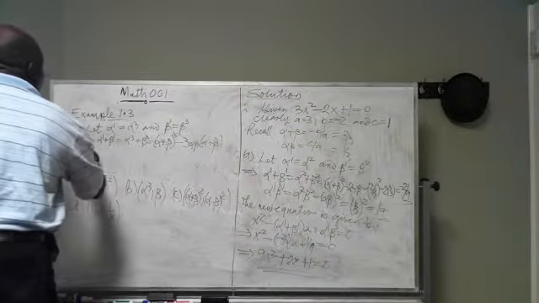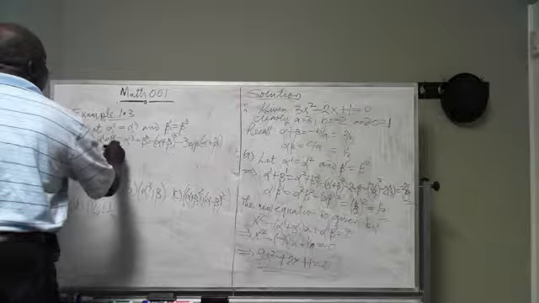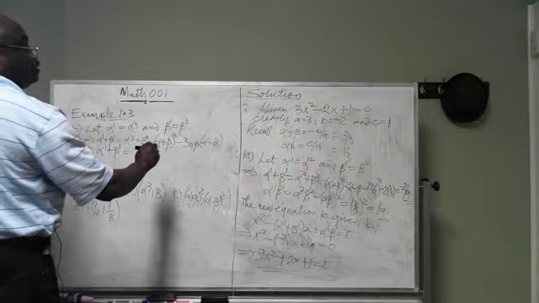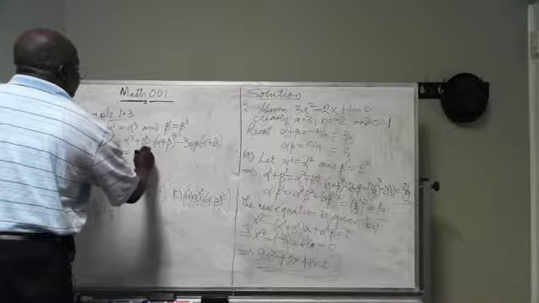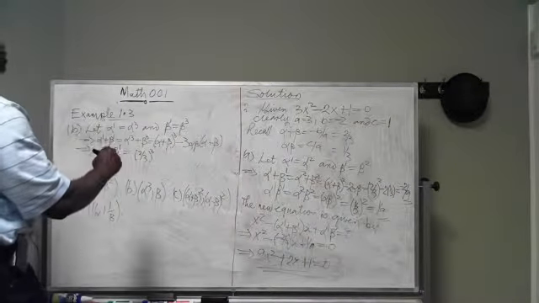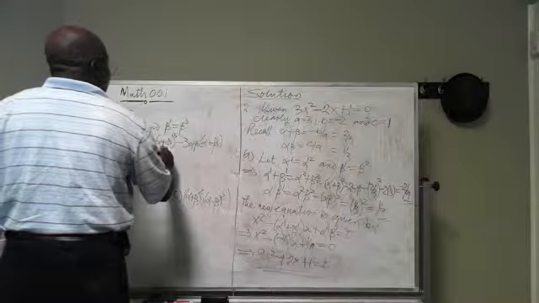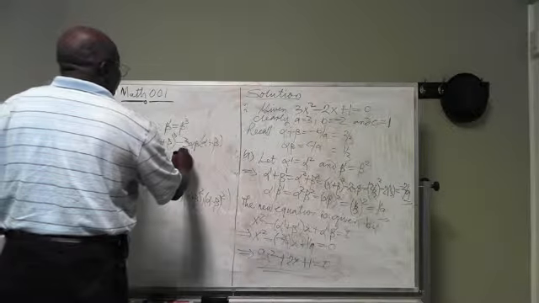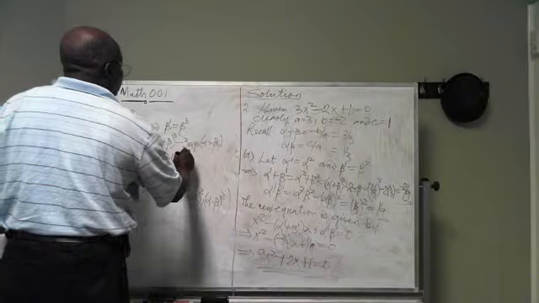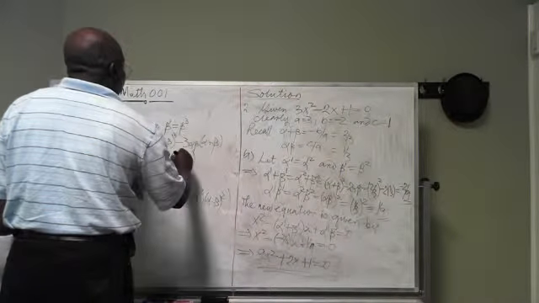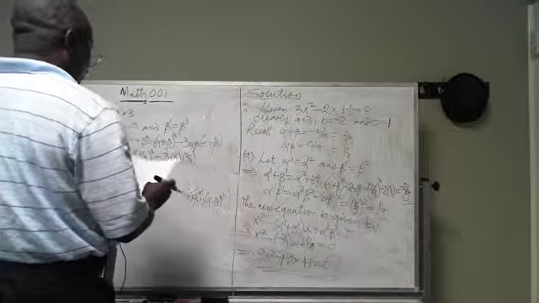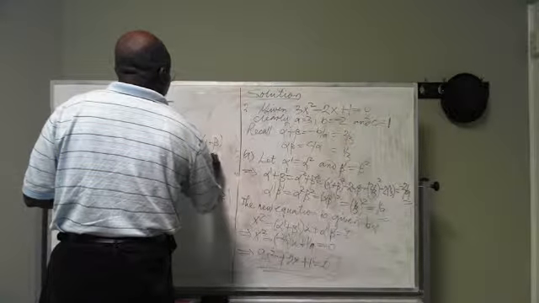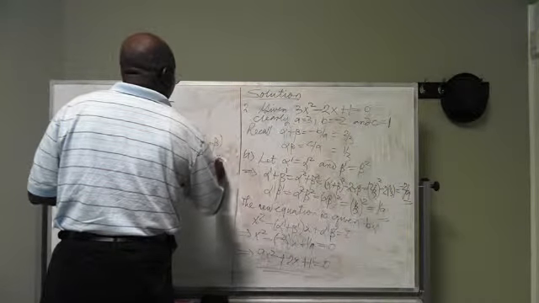We have alpha prime plus beta prime equals 2 over 3 all cubed minus 3 into 1 over 3 all into 2 over 3, which upon simplification gives us minus 10 over 27.